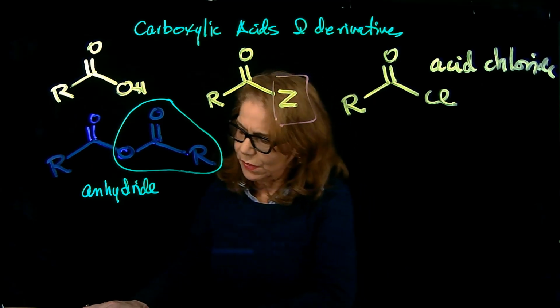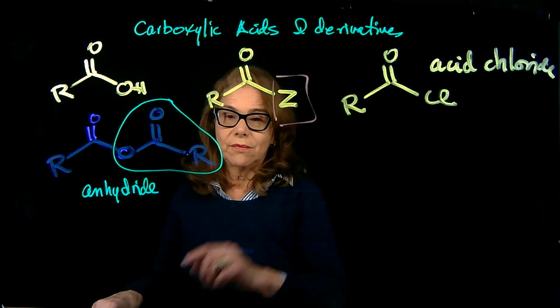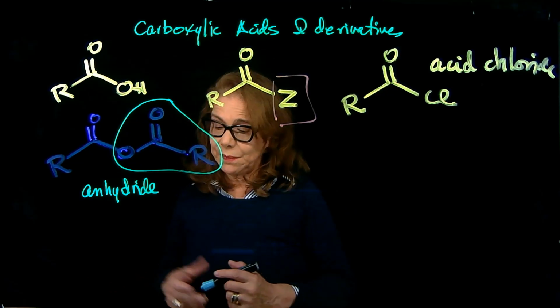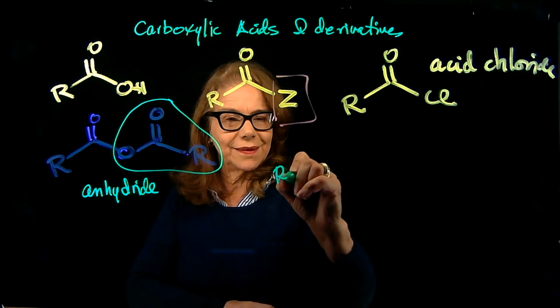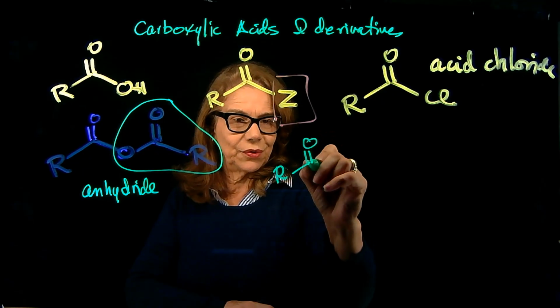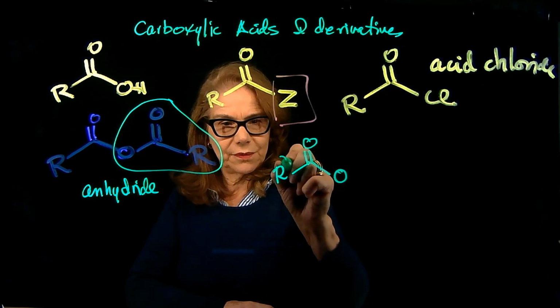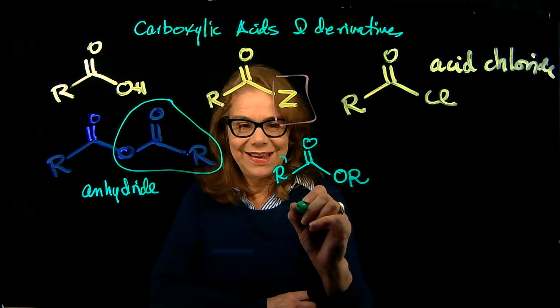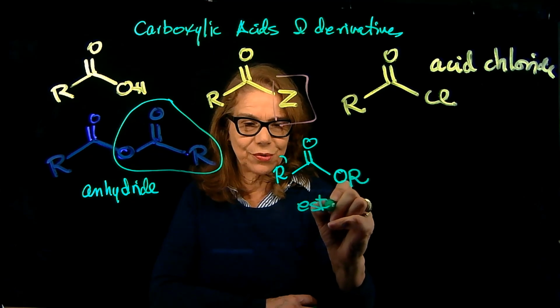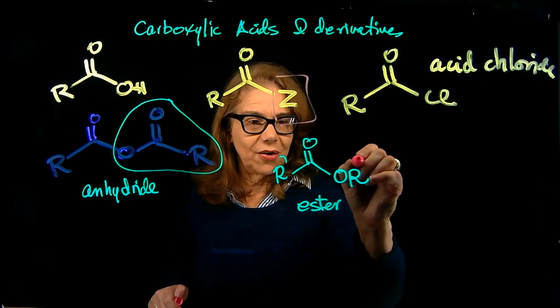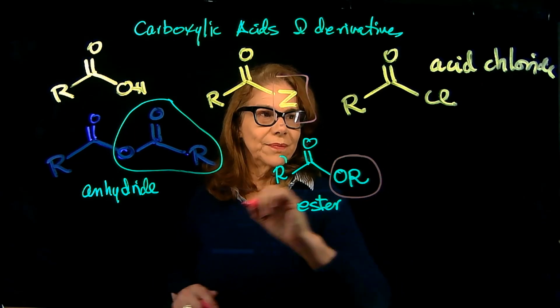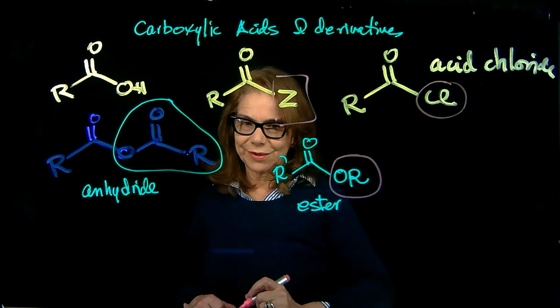One more. Now we're going to replace the Z by something else. This time we're going to do O, so OR, and now this is an ester. The Z is now this; here it was chlorine.